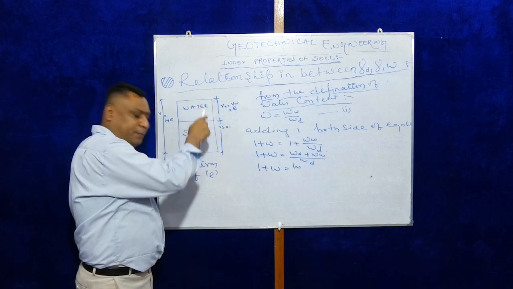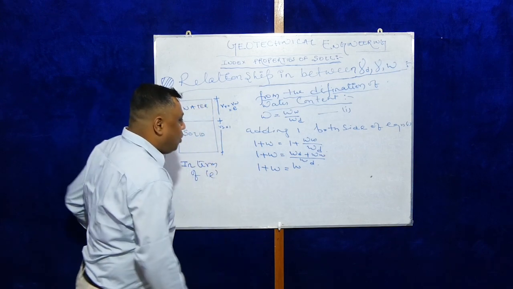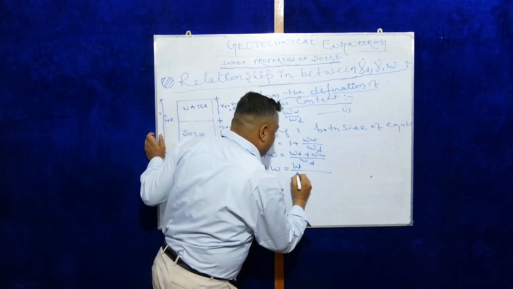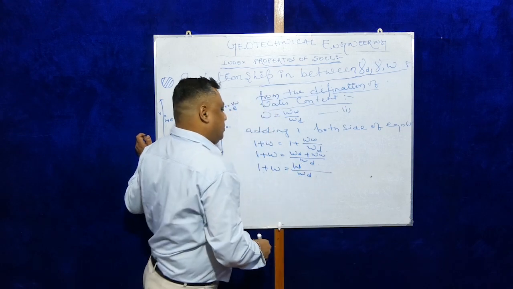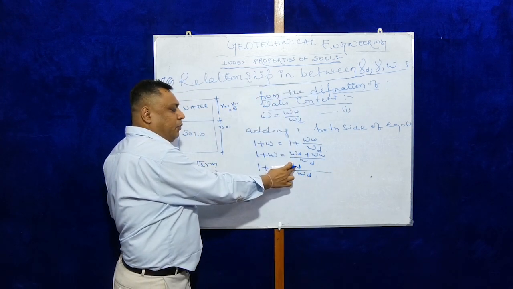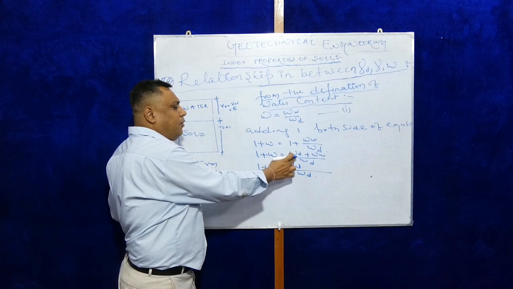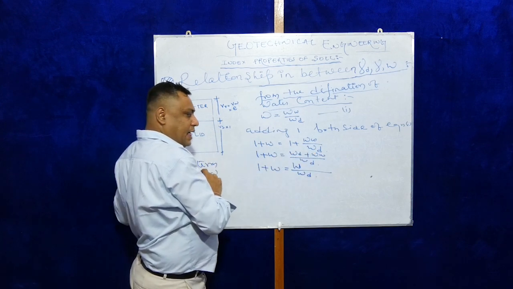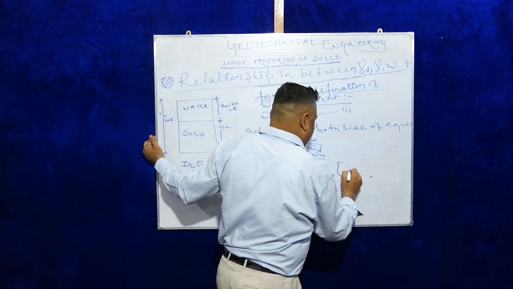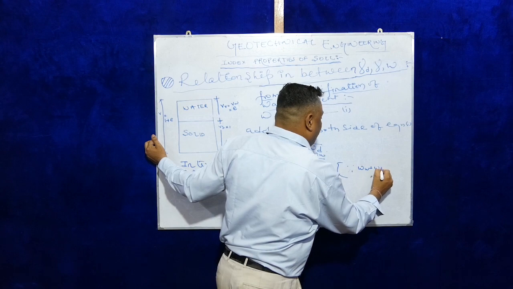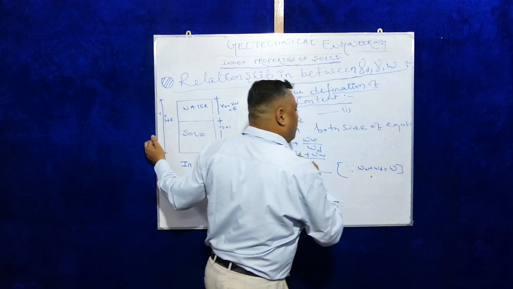Total weight of soil sample. Therefore, we can put here total weight of soil in place of weight of soil solids plus weight of water.